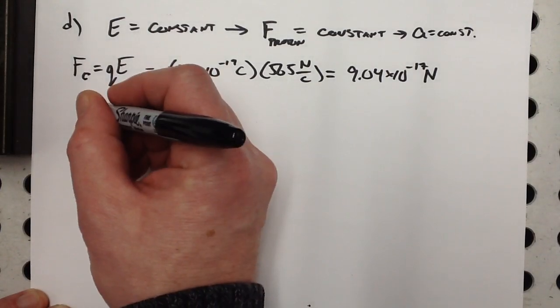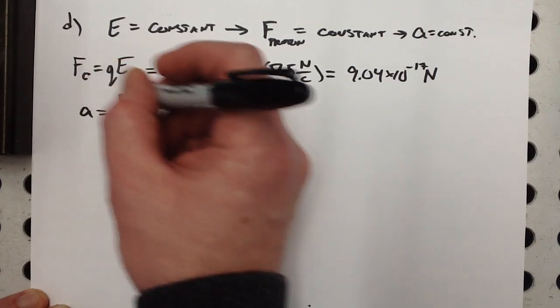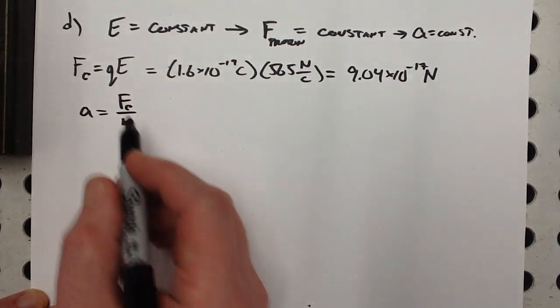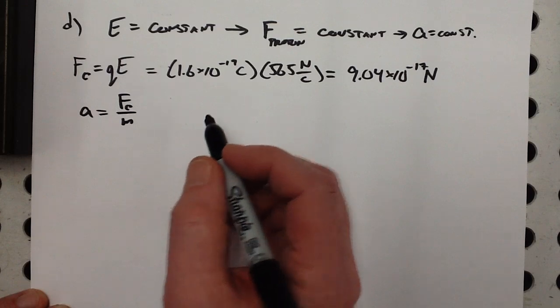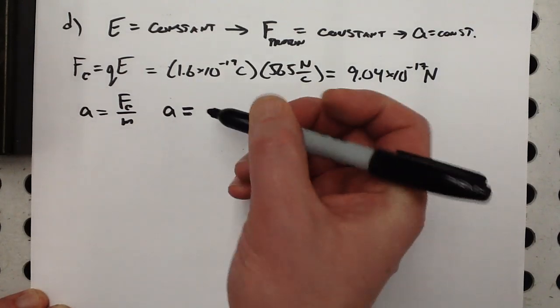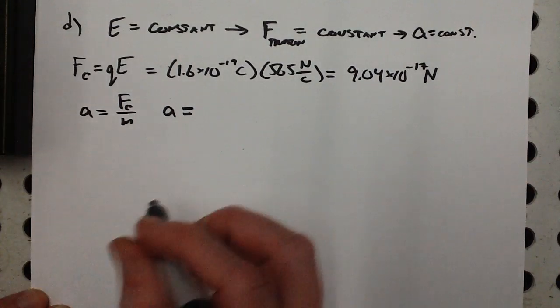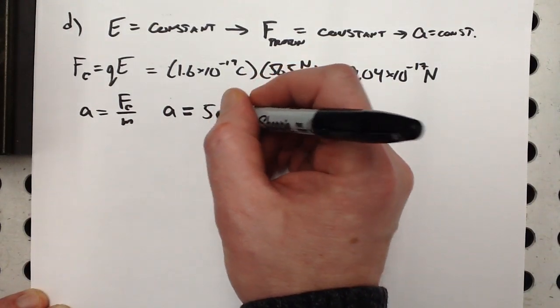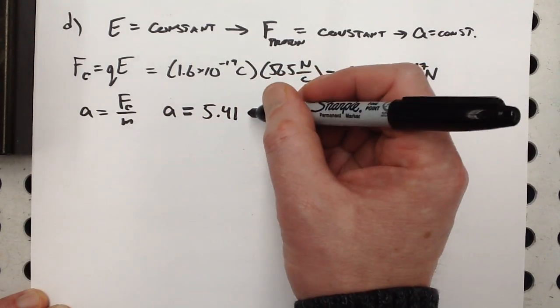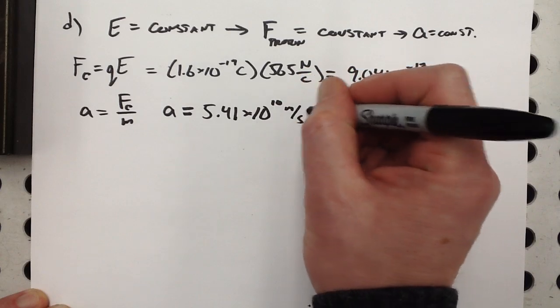That's not going to figure in here. So our acceleration is just this electric force divided by the mass, just a rearrangement of Newton's second law. So our acceleration is equal to this force divided by the mass of the proton, and that comes out to be 5.41 times 10 to the 10th meters per second squared.